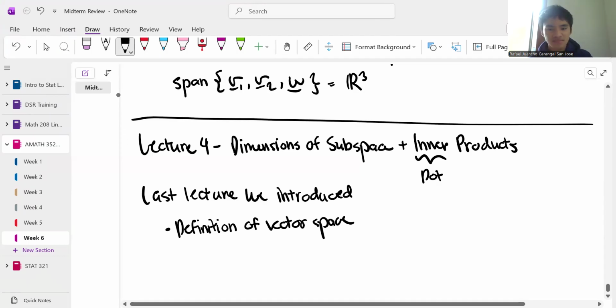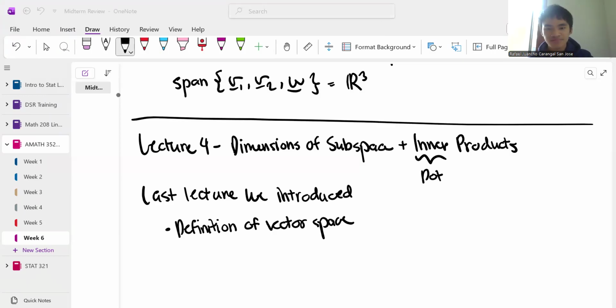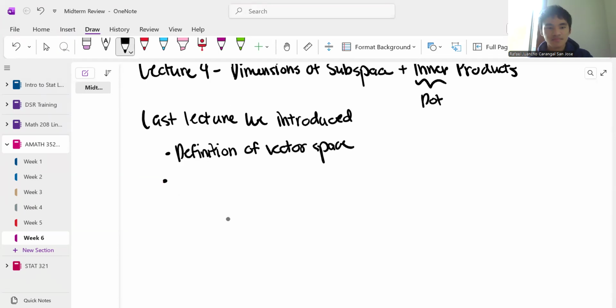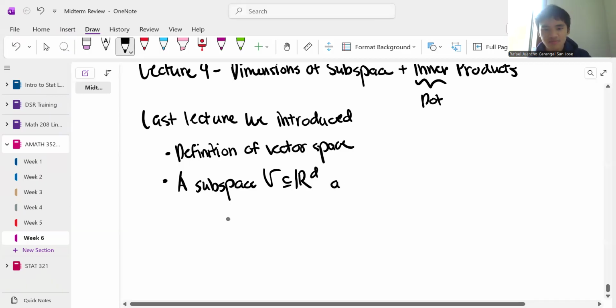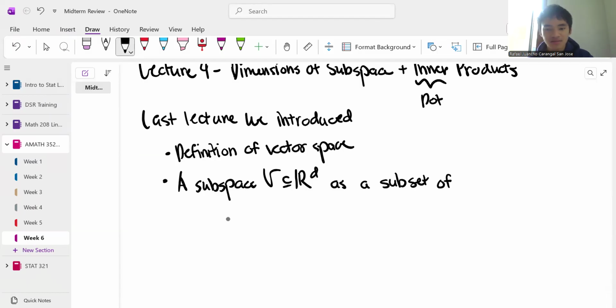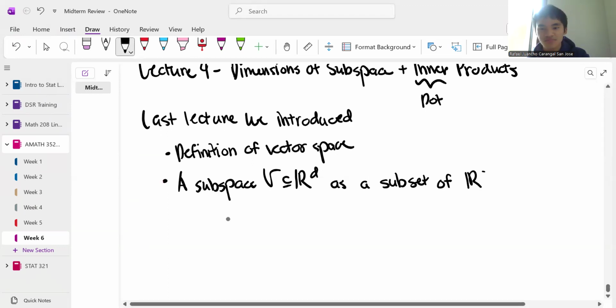And we say that a subspace V in R^D, and how that is similar to being a subset. So those two are somehow interchangeable.